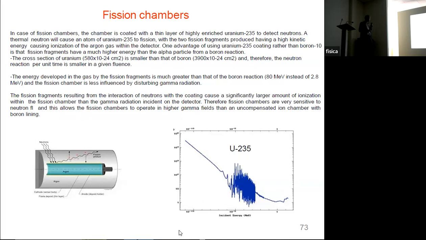The main advantage is that they don't even need proportional amplification and can be used in a simple ion chamber mode without internal avalanche amplification, due to the fact that the energy of these fission fragments is quite high compared to other neutron detectors.